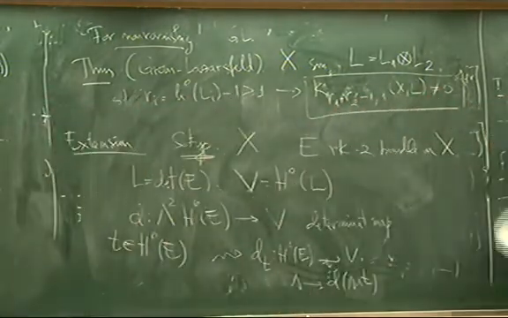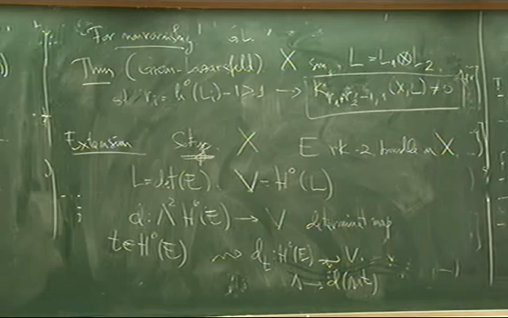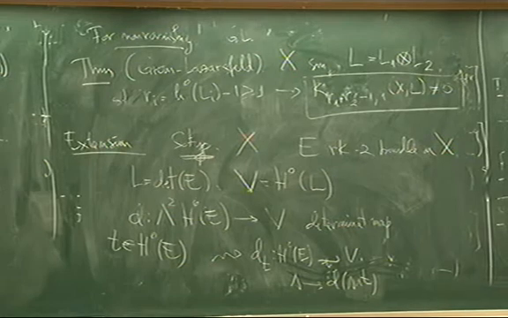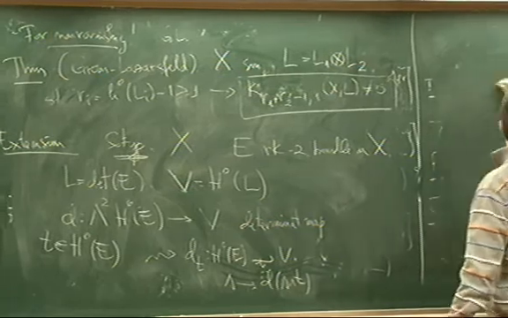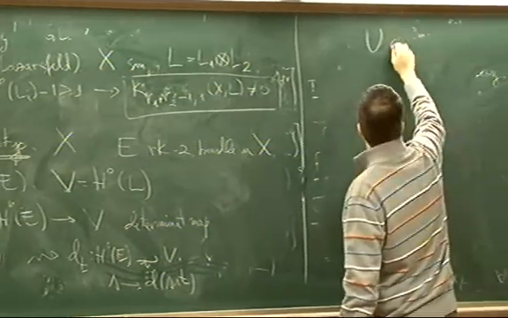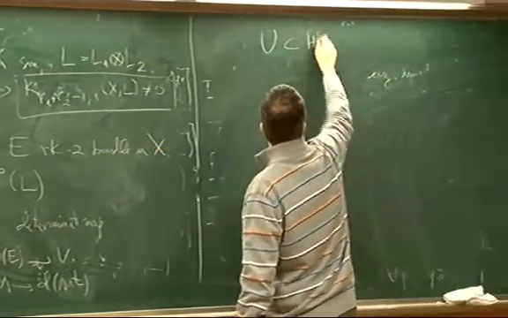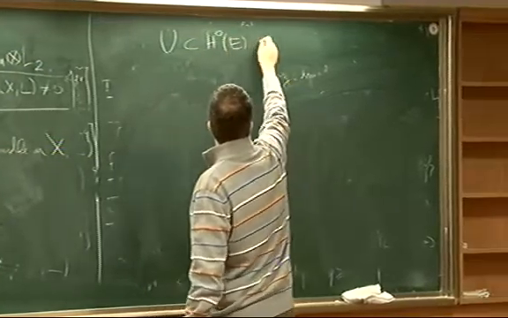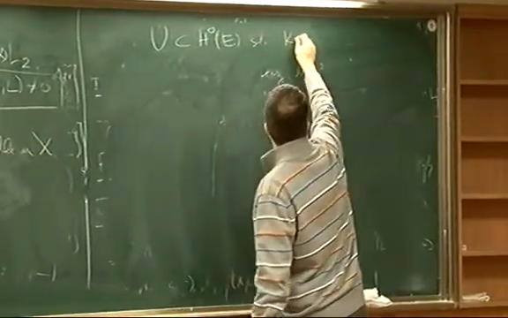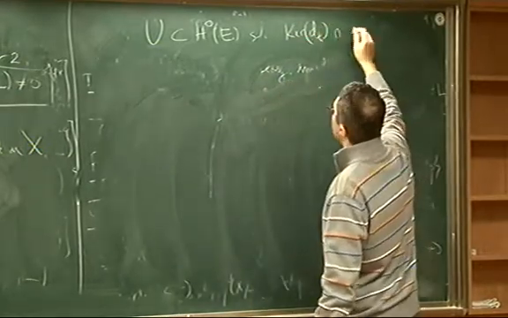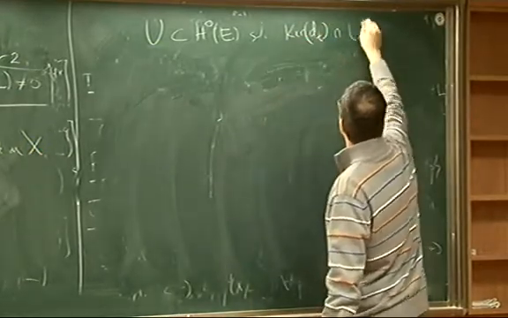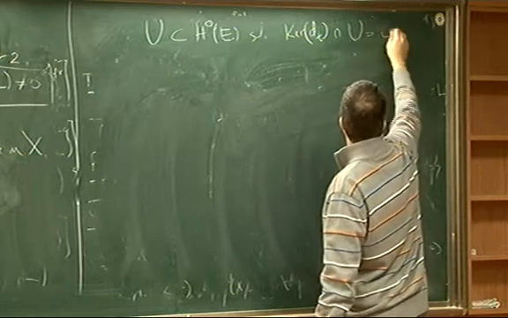And we now choose U, a vector space of sections such that it's transverse to the kernel of dt.